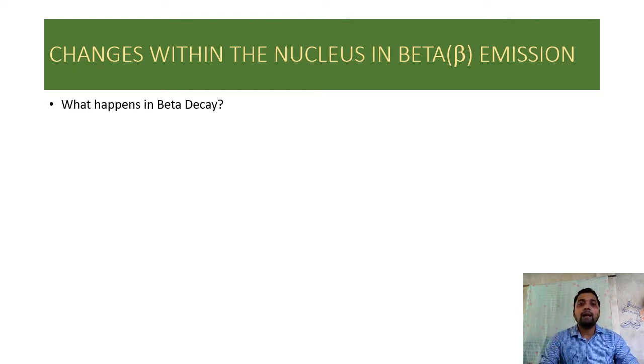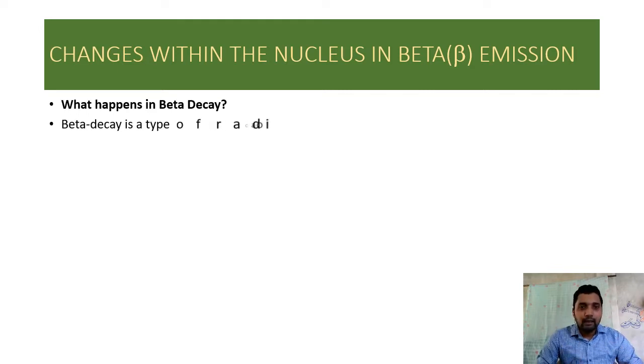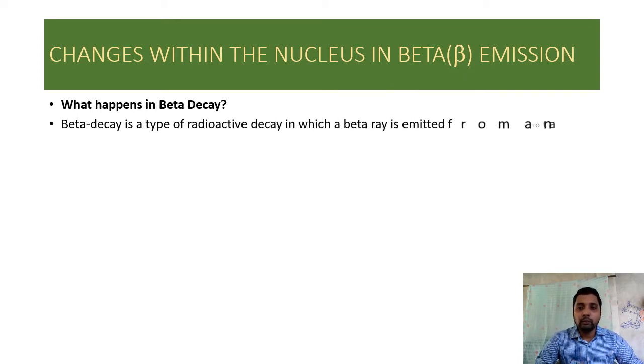So what happens in beta decay? When a beta particle is emitted from the nucleus, what happens inside? First, beta particle emission is a radioactive or nuclear change.